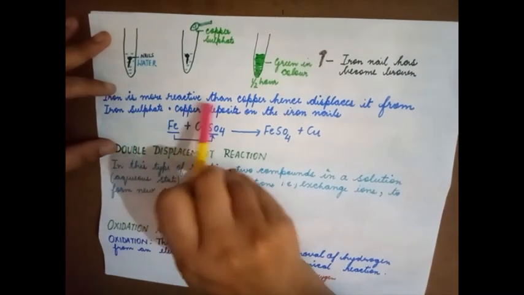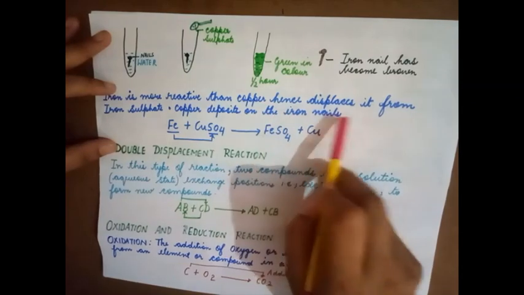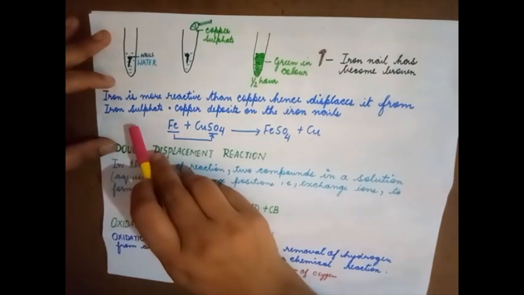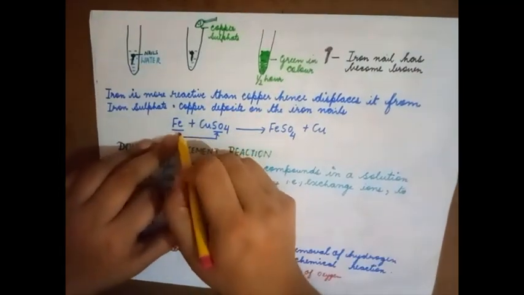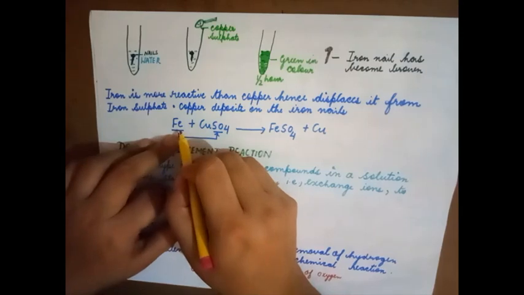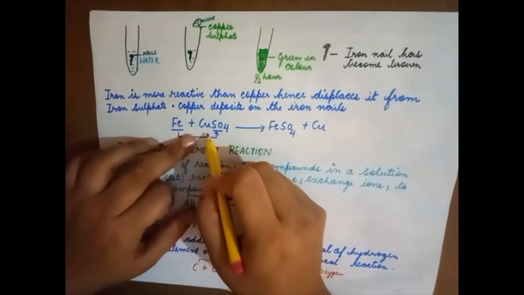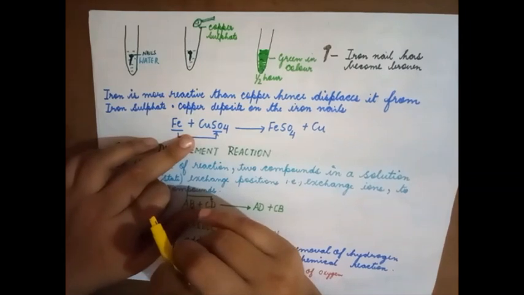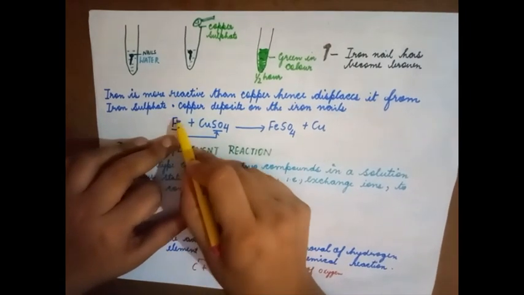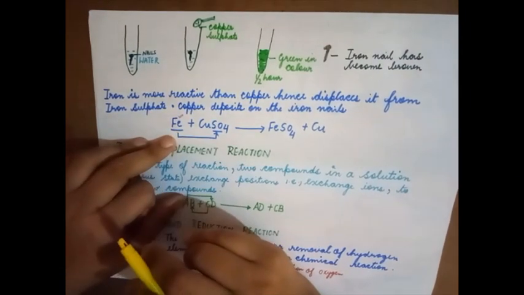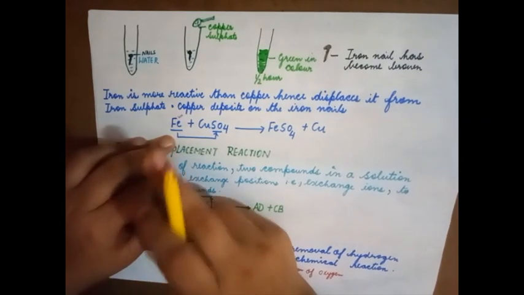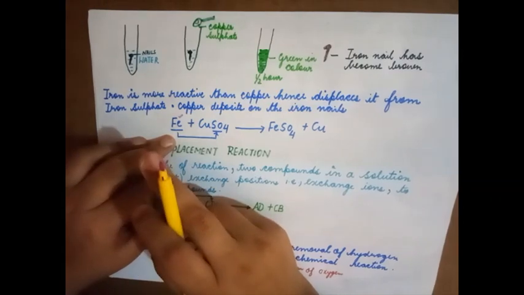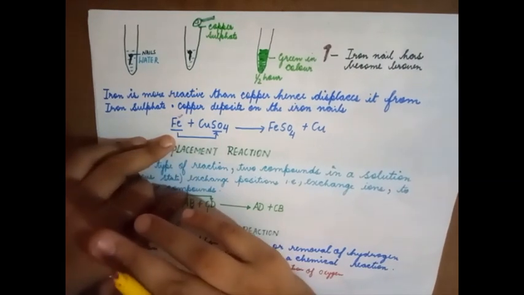Because iron is more reactive than copper, hence it displaces copper from copper sulfate. Copper deposits on the iron nail. Now what do I mean by this? Fe is nothing but iron. It is placed inside the test tube, plus we are adding a few crystals of copper sulfate. Now iron is highly reactive according to the reactivity series. The reactivity series tells us which metal is highly reactive and which metal is less reactive.